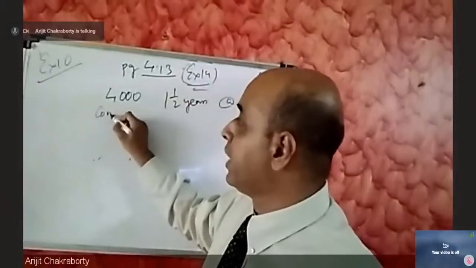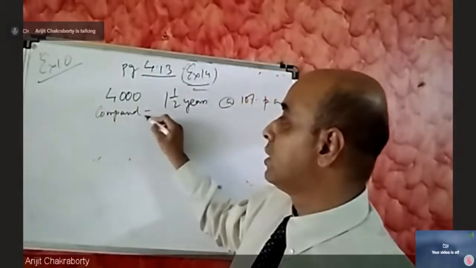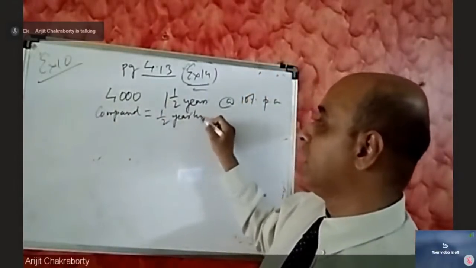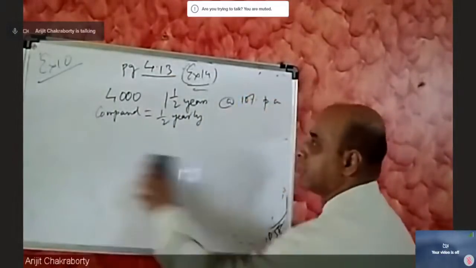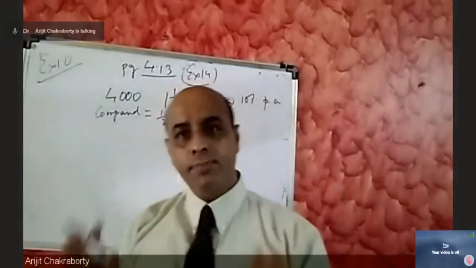So the compounding is half yearly. In other words, we call it semi-annually, right? Semi-annually. This is the problem.